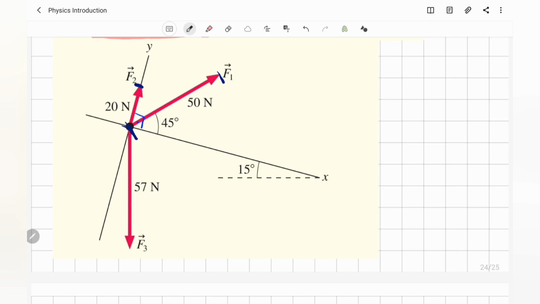It's roughly 1 centimeter, so the length of this force should be smaller than the length of the first force, of course. We also explained this in the previous lesson. And force number 3 is 57. The length is approximately equal to the size of the first force. So this length is very important. It gives information about size, about magnitude, about number.